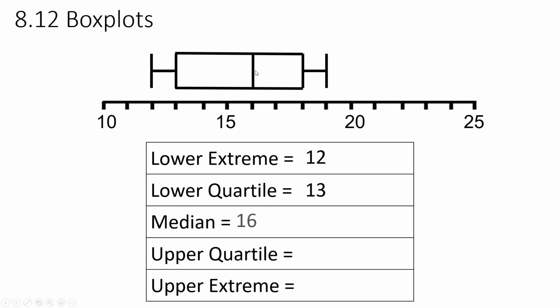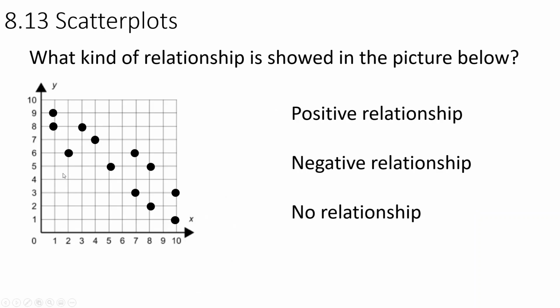The median is going to be 16. The upper quartile is the top of the box, which aligns with 18. And then the upper extreme is aligned with the tip of the whisker on the right. That aligns with 19. We'll go into more detail on this in class, but this is just a quick way of looking at it. Moving on.